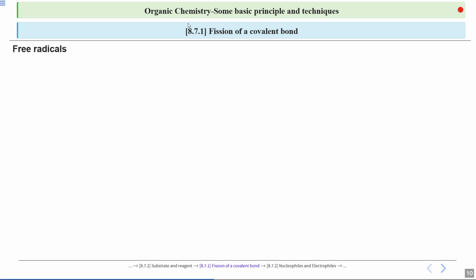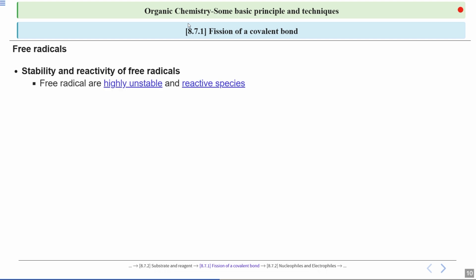Now moving on further, we will look at other aspects of the free radical, which are stability and reactivity. As I told you, radical has a literal meaning, and as a result, free radicals are highly unstable and reactive at the same time.